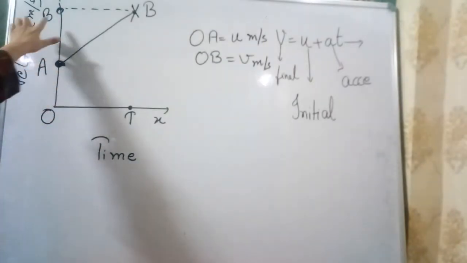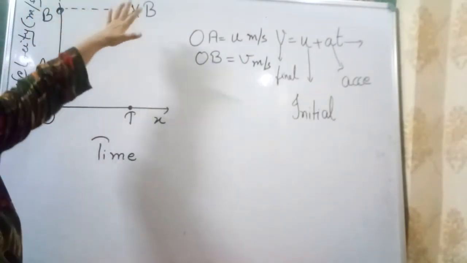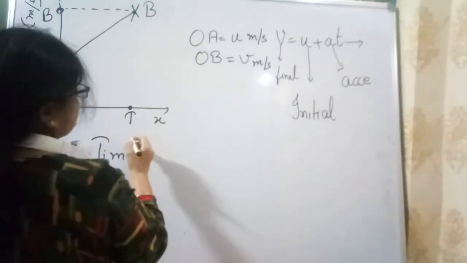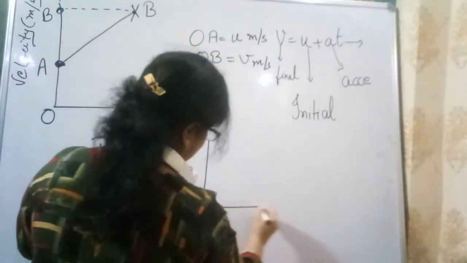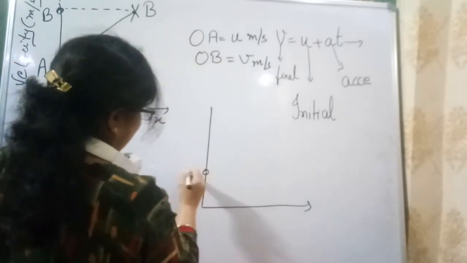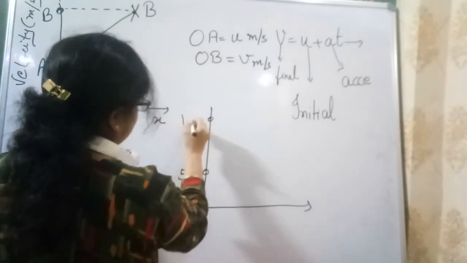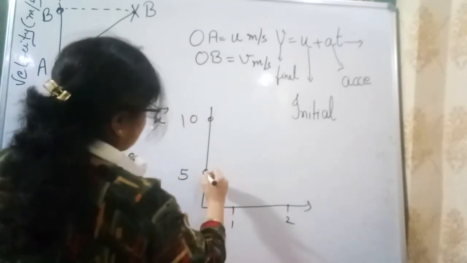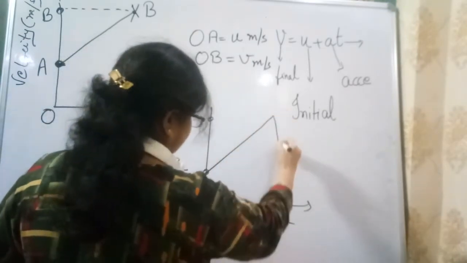On the graph, we just take this in this way. How does it happen? Just see. For example, there is a graph, and we write here 5, here 10, here 1, here 2. And now I am drawing the graph.